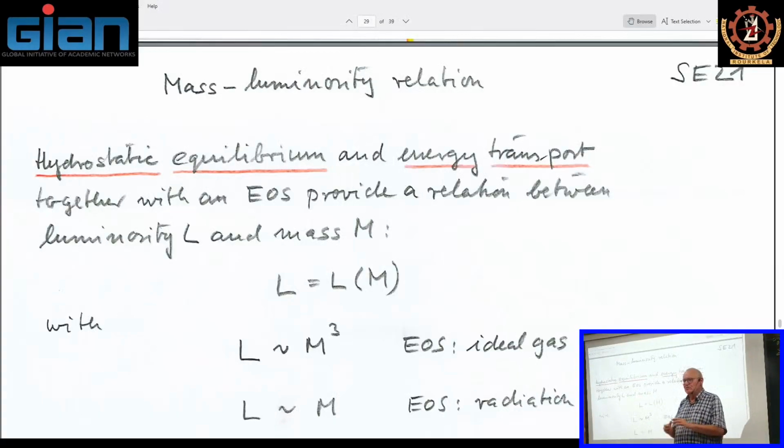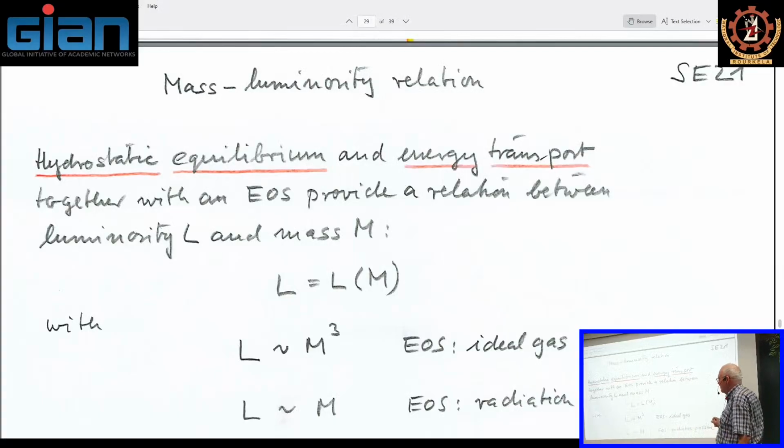So if you use as an equation of state radiation pressure, where pressure is proportional to temperature to the fourth, you will end up with another luminosity-mass relation, namely a linear relation between luminosity and mass.